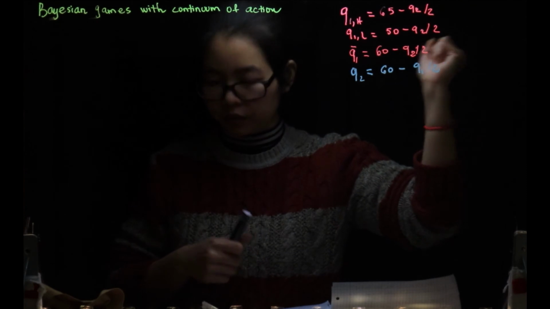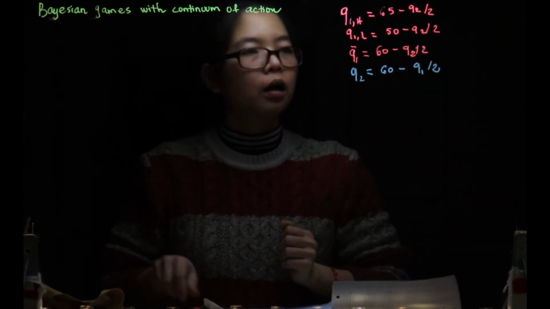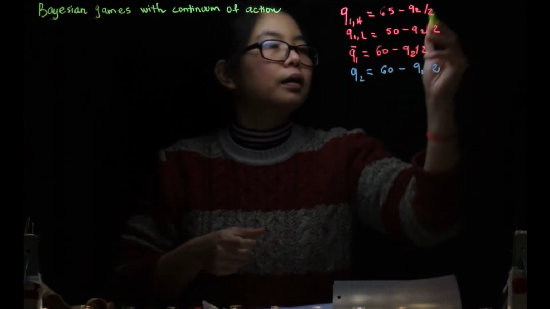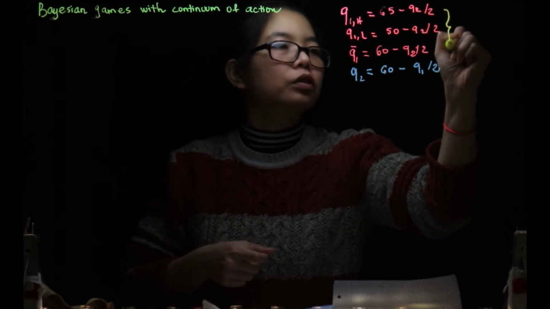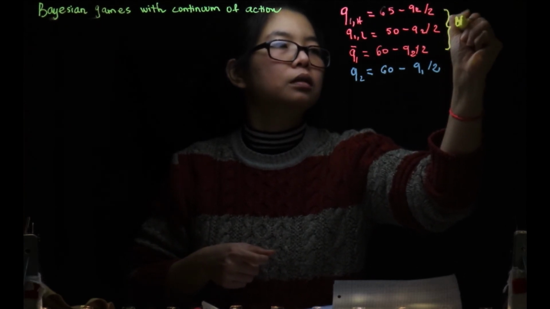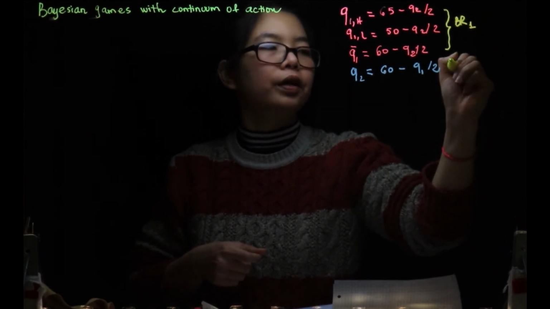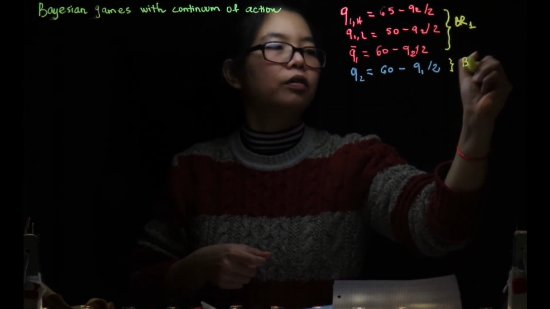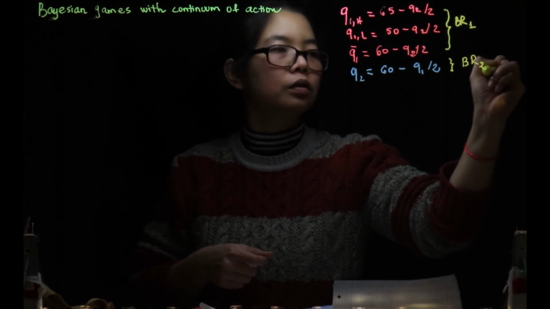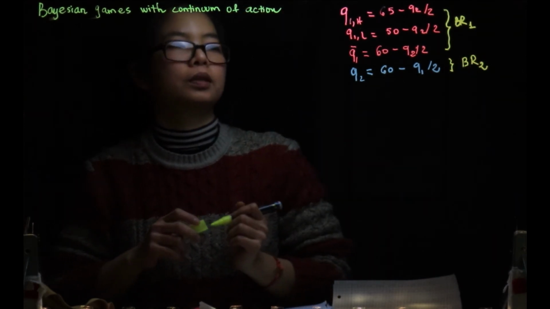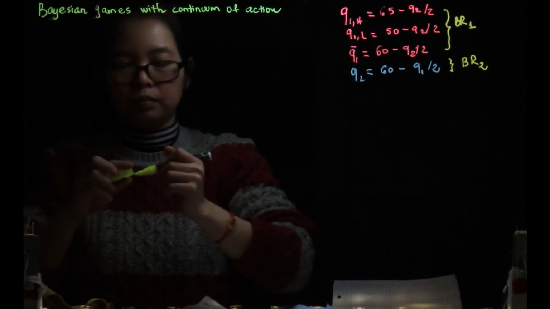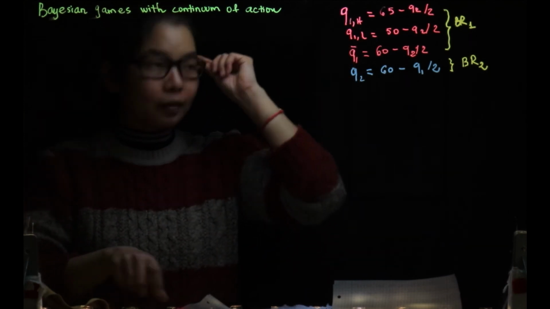You derive it from the first order condition. So this is the best response function of player 1. And this is of player 2. Now, we graph all of them on the graph.